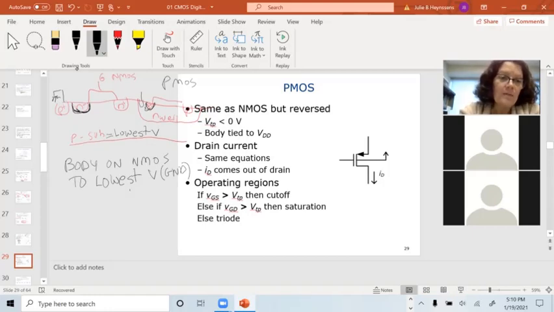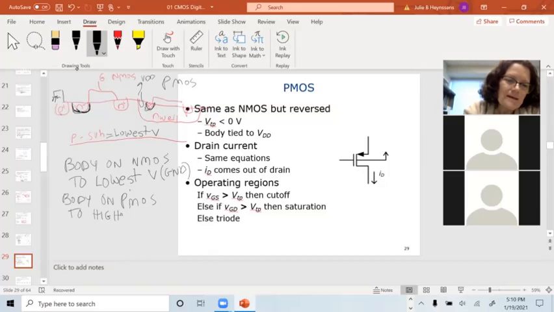So now I'm going to tie the body here to VDD. Put stars next to this, because I'll have to repeat this anyways. The body on the PMOS goes to the highest voltage in my circuit, which is usually VDD.